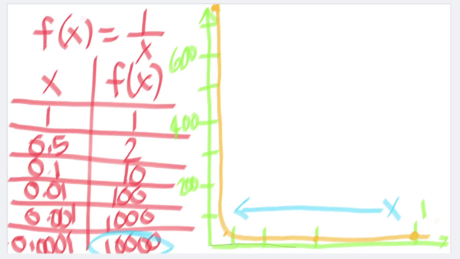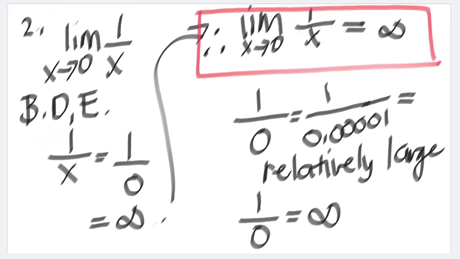It tends to approach a relatively large number, which in calculus we define as the concept of infinity. Okay? So the limit of 1 over x as x approaches 0 is equal to infinity.